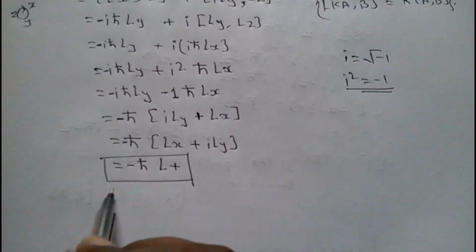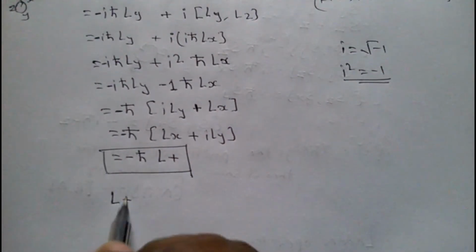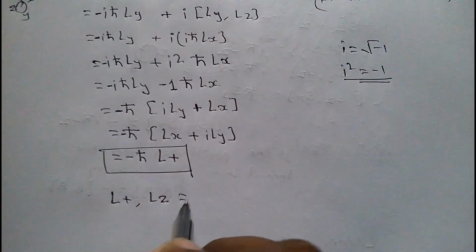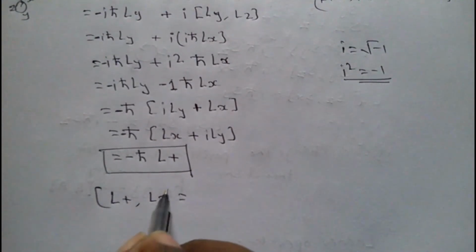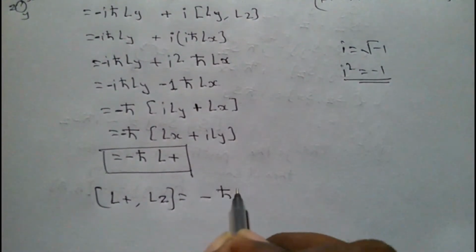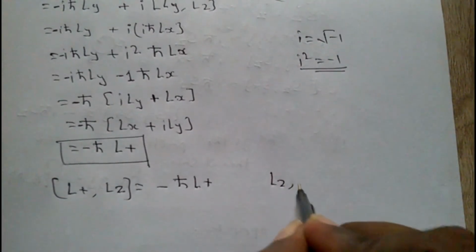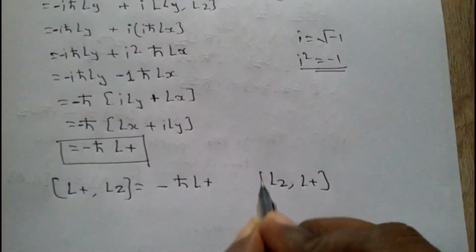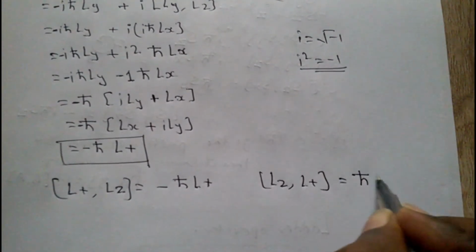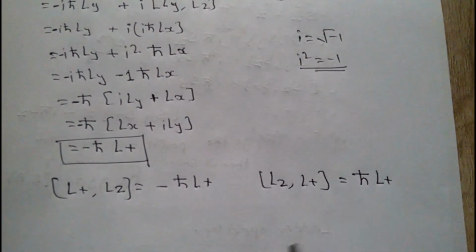For L plus Lz, we have got minus h cross L plus. If we change the position, Lz L plus, the value will be h cross L plus.